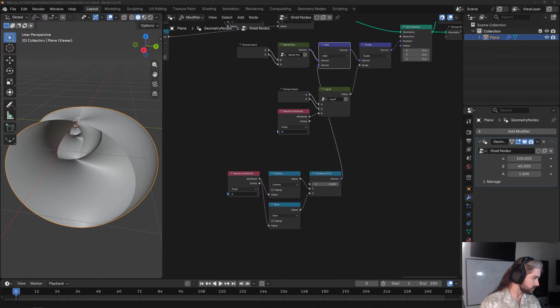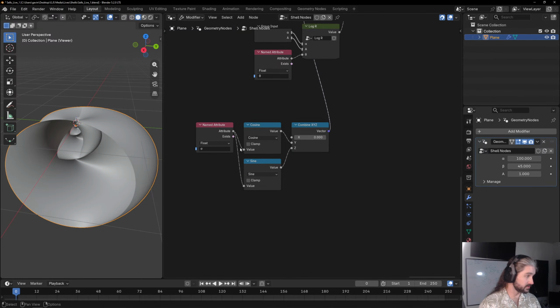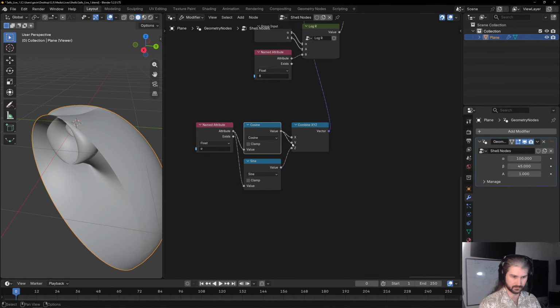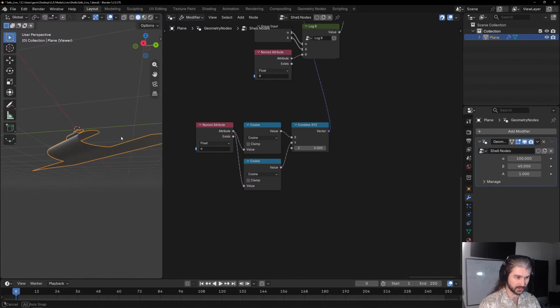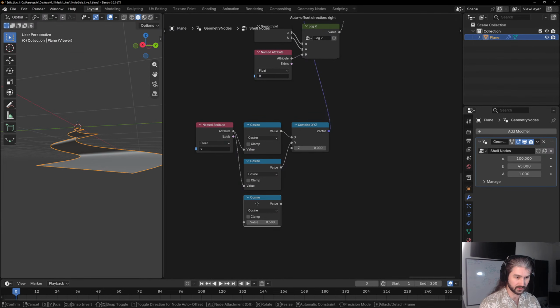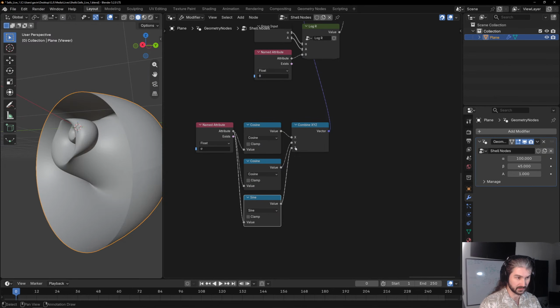We're going to take basically this to start off with. We're going to go back to what we had before and then switch y to cosine. So now it's doing that. And then we need to introduce sine for z.